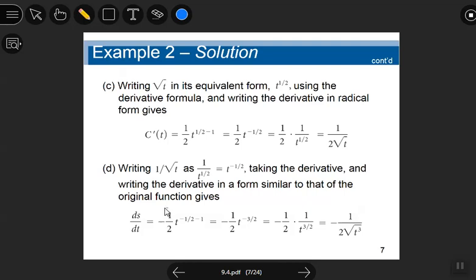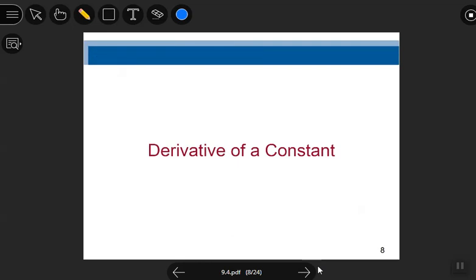So you can write negative half times t to the power n minus 1, which is negative half minus 1. So it is negative half times t to the power negative 3 over 2. Then you can write it this way and simplify like this. Especially here, the important thing is to understand your n, then set it into the formula, then calculate.